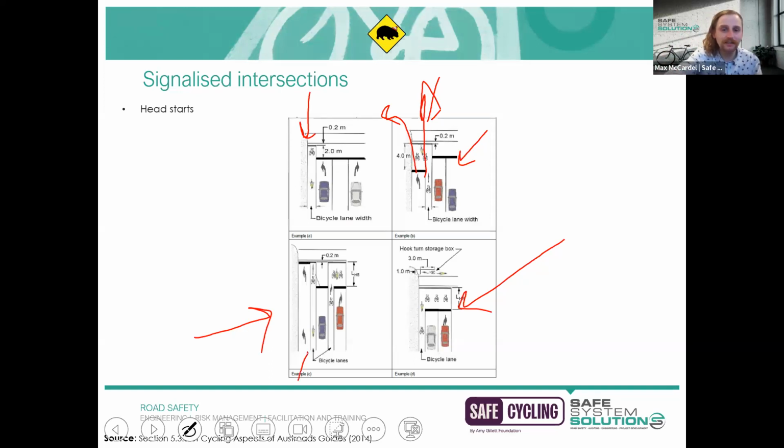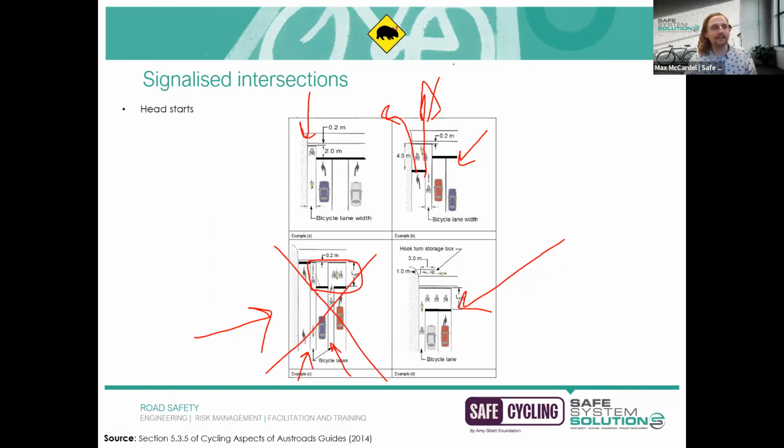Just having this really small bicycle lane in between the left and the through, and then also in between the through and the right, is a really uncomfortable experience. And not having the bike box all the way across and just having two different bike boxes, I also think is just a weird thing. So C is not all that common, and not a really great design.